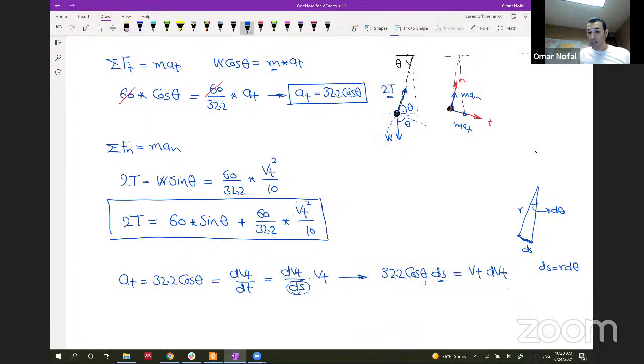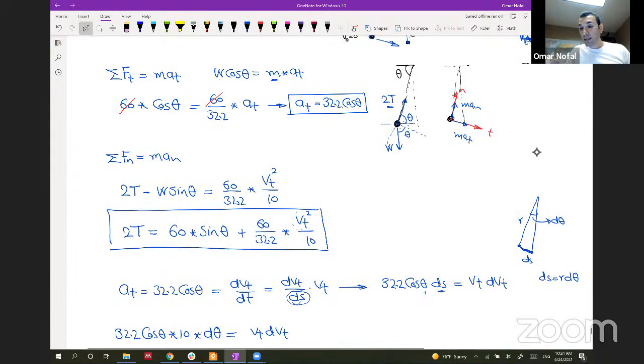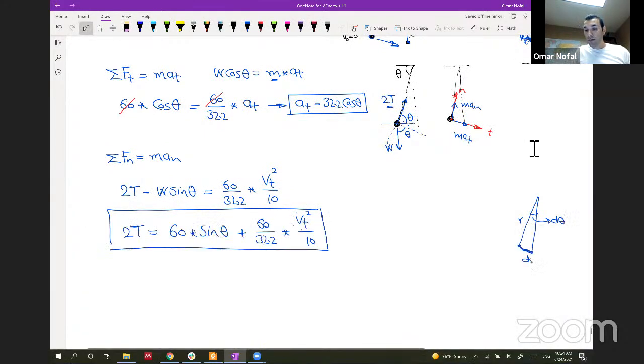So right now we can have 32.2 cosine theta multiplied by r, which is 10, multiplied by d theta, and all of these will be equal to vt dvt. If we integrate this from the position at v node until it gets to the vertical position, we will be able to get the VT.